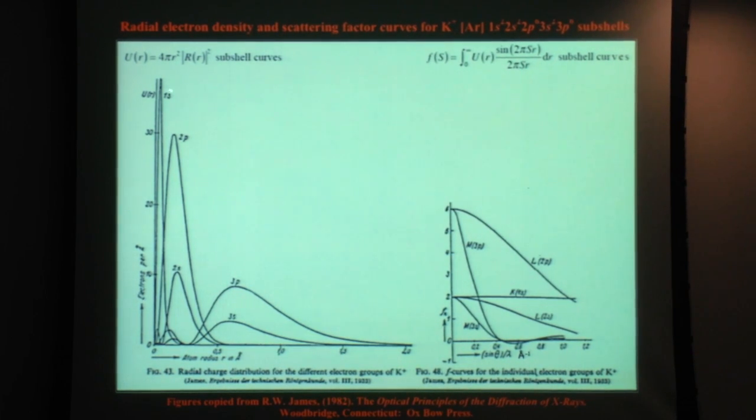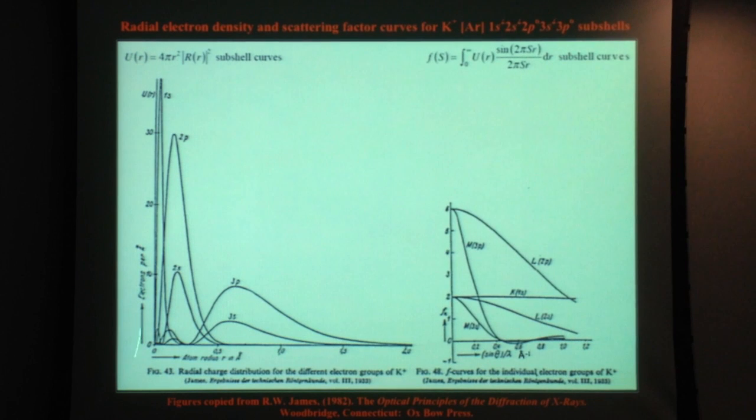So for the 1s electrons that peak very close to the nucleus, it falls to 0 at the nucleus, and that's because of the appearance of this r squared out in front of the radial function. That's a consequence of doing a three-dimensional spherical averaging of the atomic electron density distribution. But very close to the nucleus, it's maximum, at well under a tenth of an angstrom.